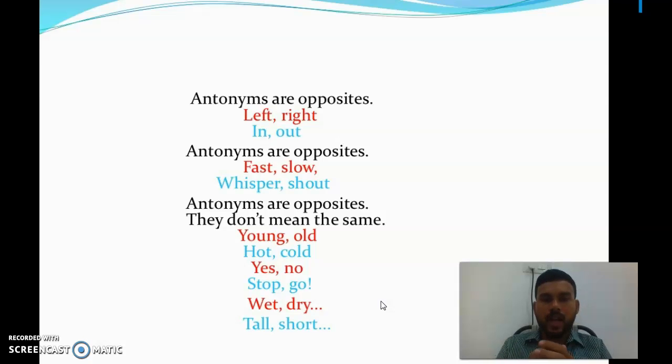So, some antonyms: left, right, in, out, whisper, shout, yes, no, tall, short.